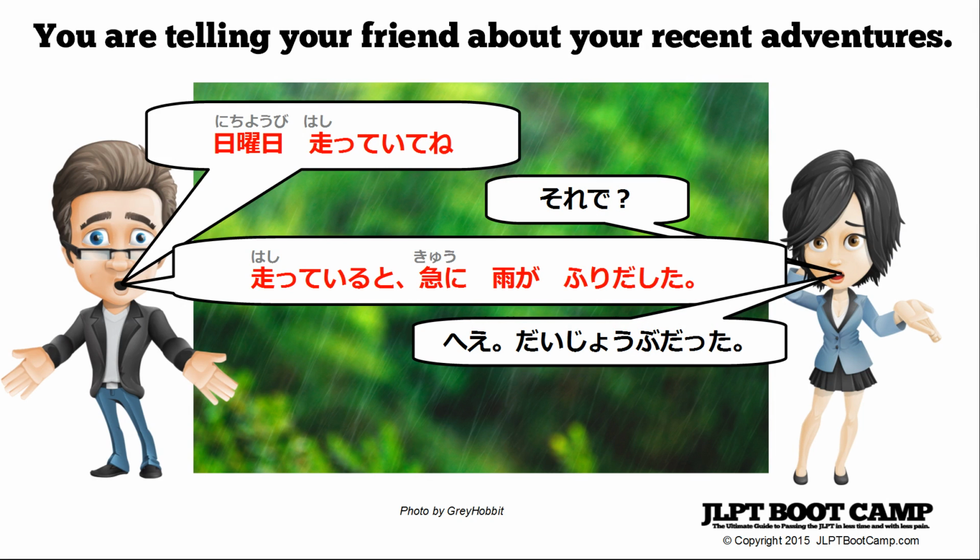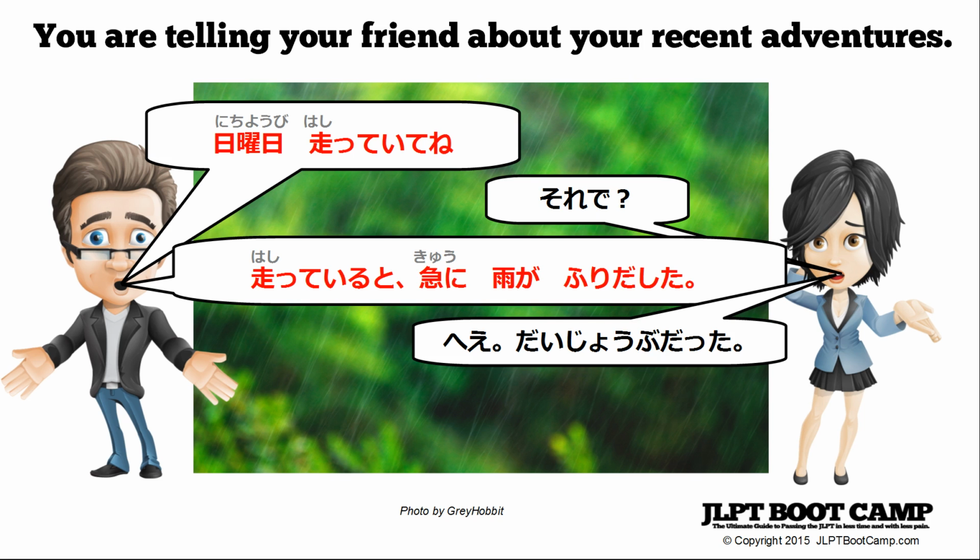So you went for a run, and ne is like I'm telling you, this is kind of an important piece of information. And your friend responds, "Sorede," which is, and then, and you continue the story, "Hashite iru to, kyu ni ame ga furidashita." So, hashite iru is I was running.